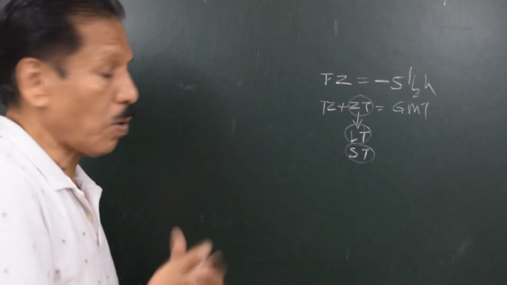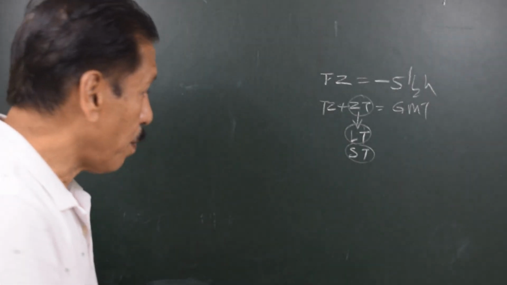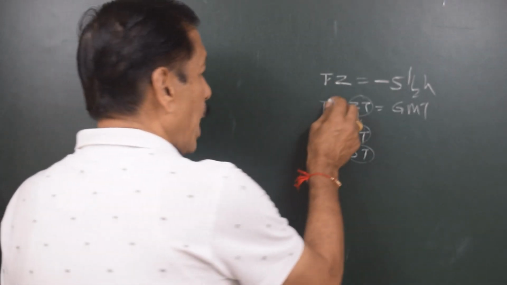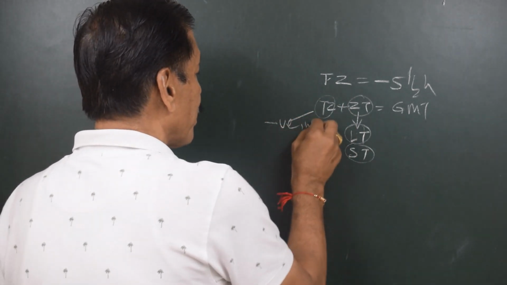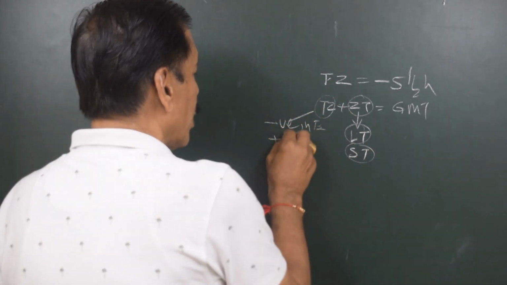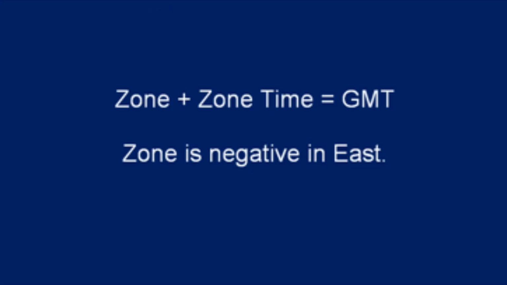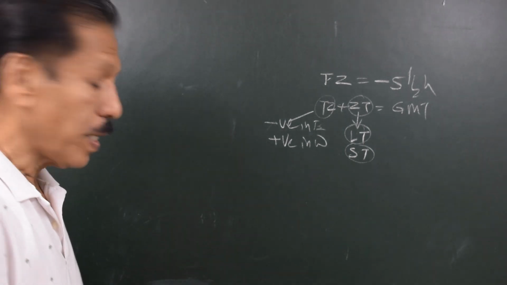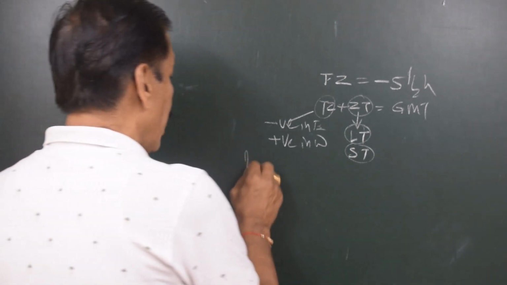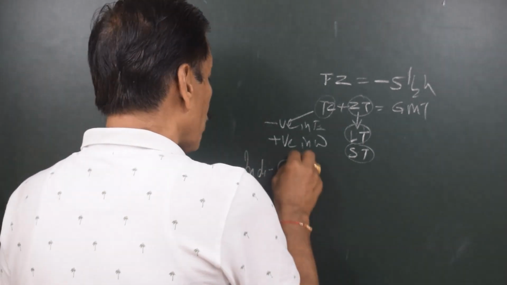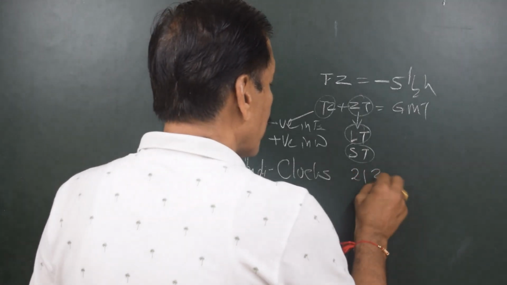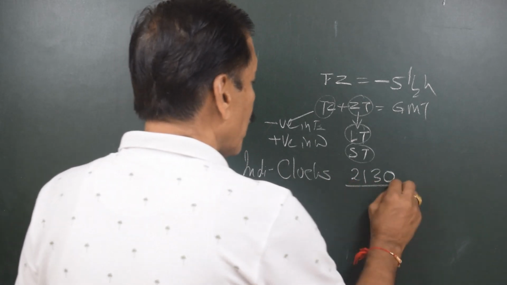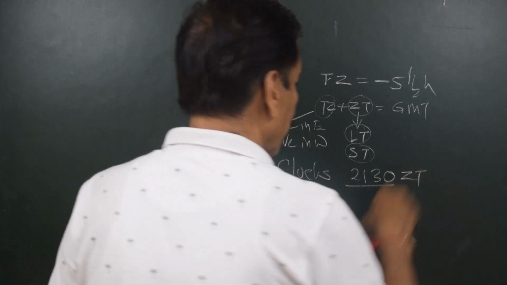Time which you see in a clock can never be negative, but as per our convention, the time zone is negative in east and positive in west. For example, India's time zone is minus 5.5 hours. It means that when the clocks in India show 21:30, this 21:30 is the zone time.